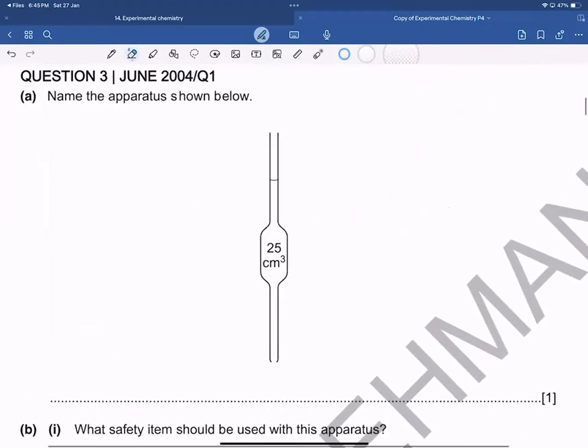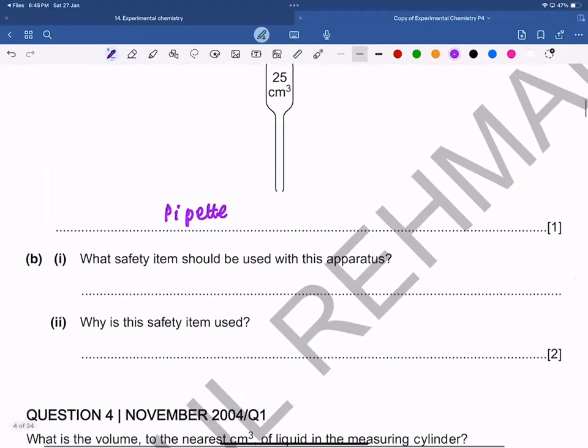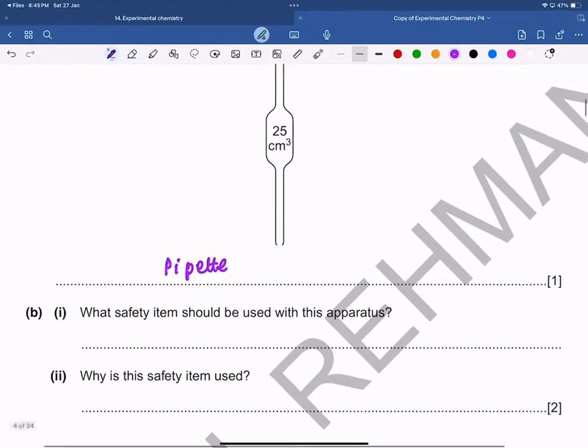What is this? Pipette. What safety item should we use with this apparatus? Gloves, no. Bulb, sorry. Safety apparatus, safety item.